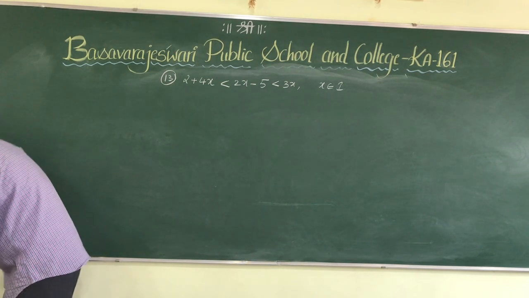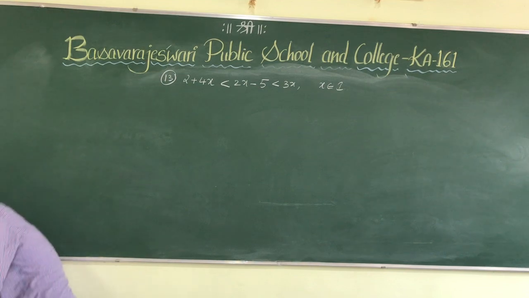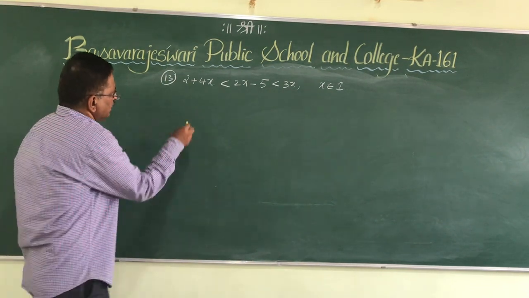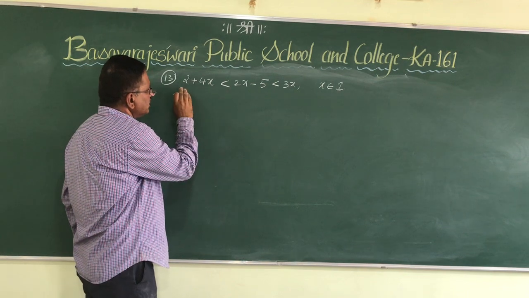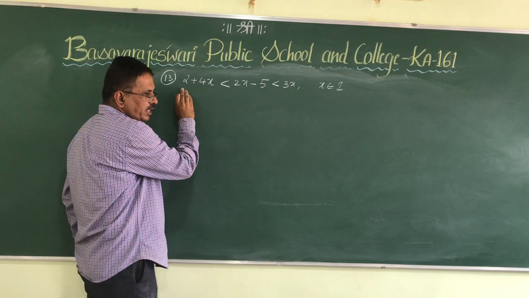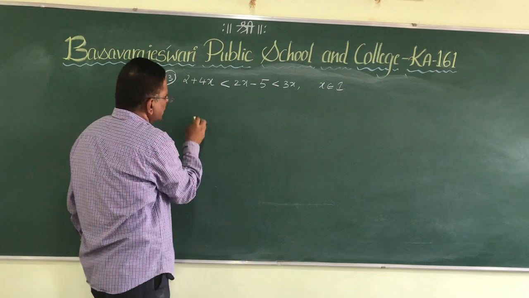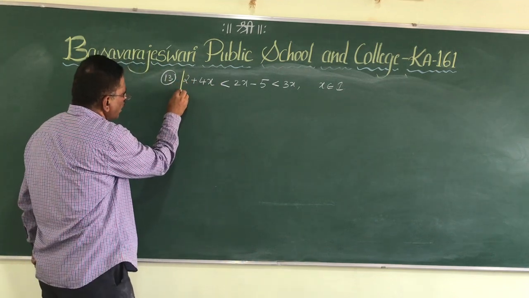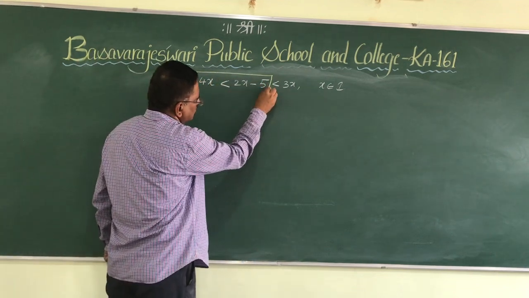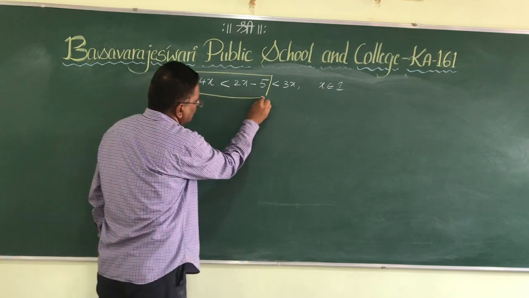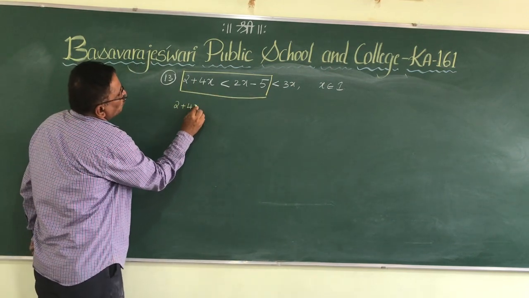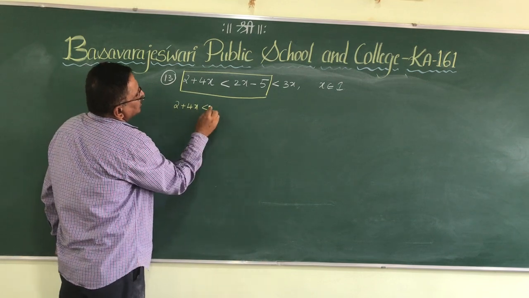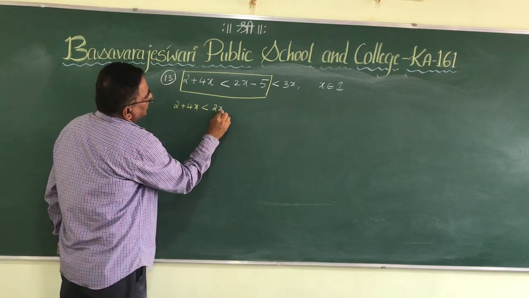we have two parts. The first part is, see here the smaller than symbol is given. We have to consider the expressions on the left hand side as well as the right hand side. So this is one part, right? That means I can take 2 plus 4x is less than 2x minus 5.